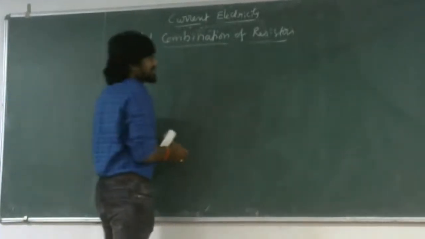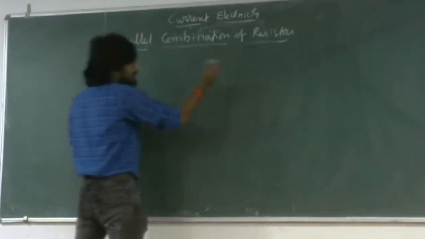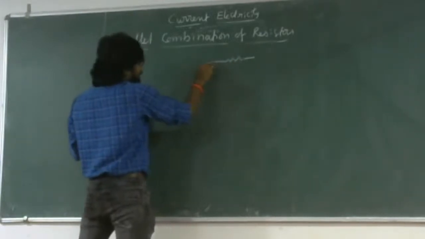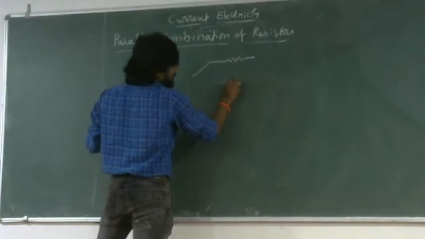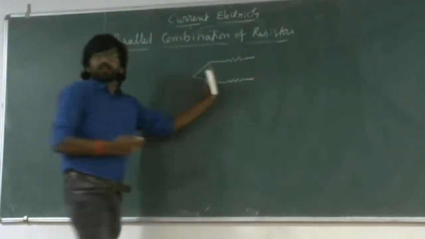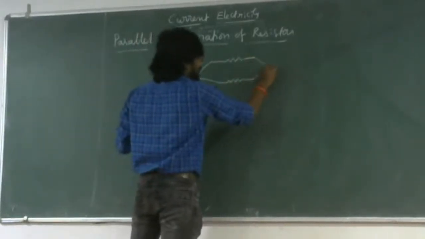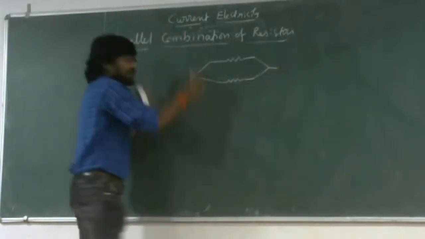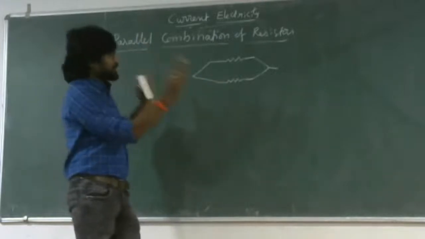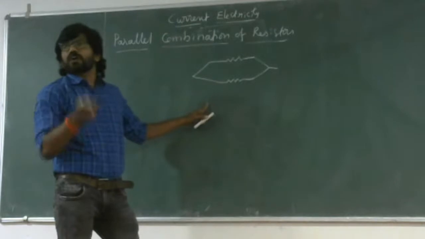Whereas if the resistors are connected in such a way that the first end or first terminal of all n resistors is connected at one point, and the second end of all resistors is connected at another point, and these are further connected to the terminals of the cell, so that the same potential drops across all resistors, such a combination is called a parallel combination.